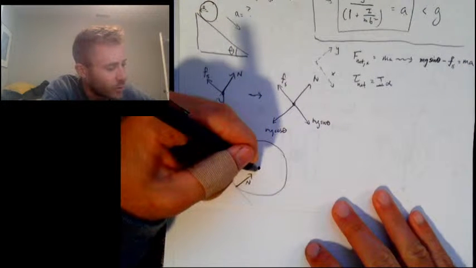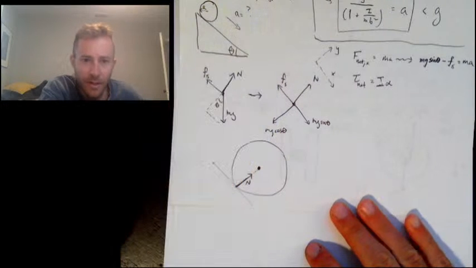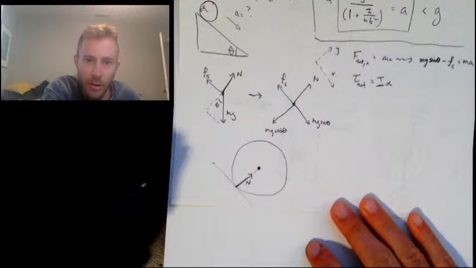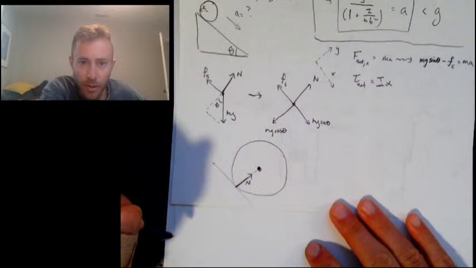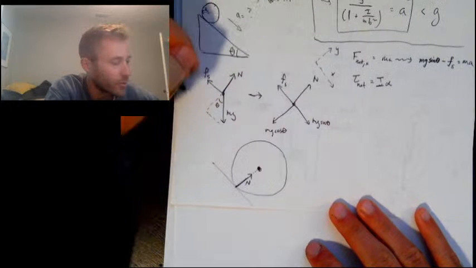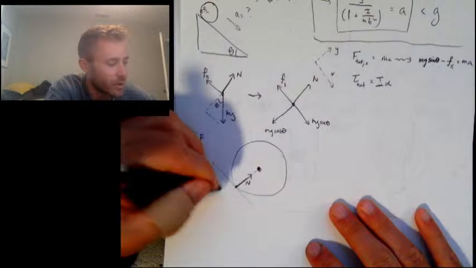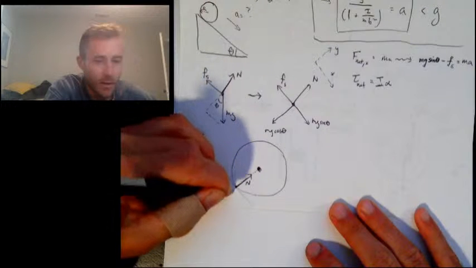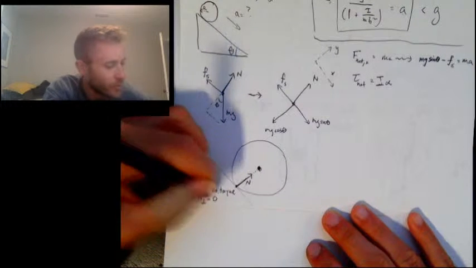So we can see that the normal force is parallel to the line connecting the point of application of the normal force to the center. So the normal force has no perpendicular component. Remember, the formula for torque is F perp times r. So the normal force does no torque, because its perpendicular component is equal to 0.